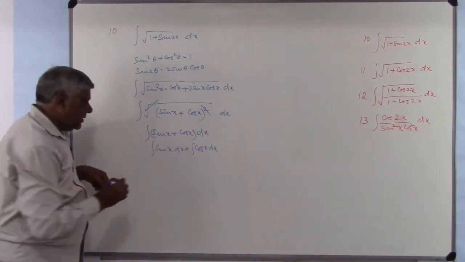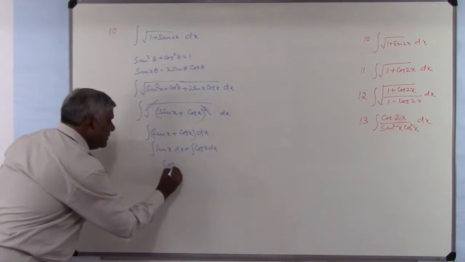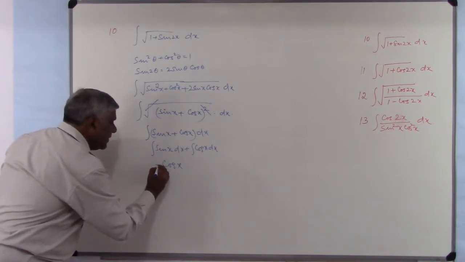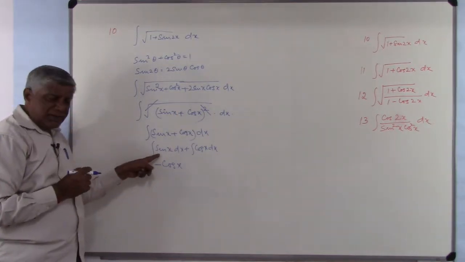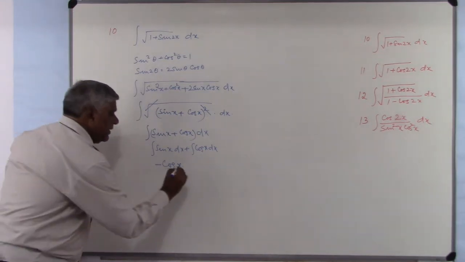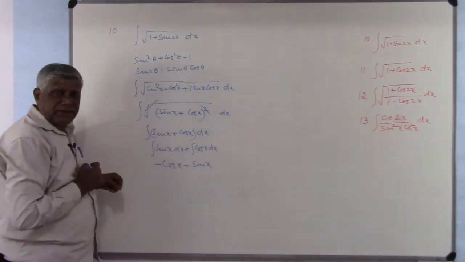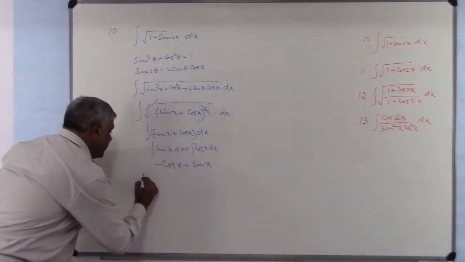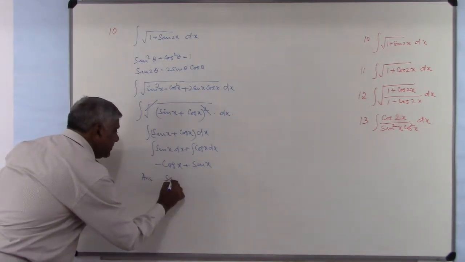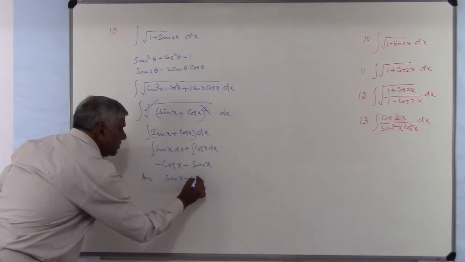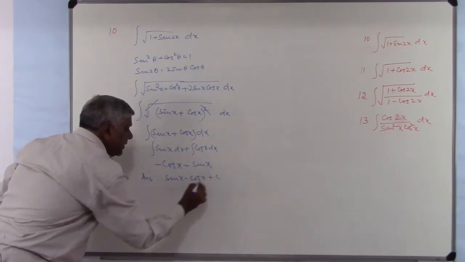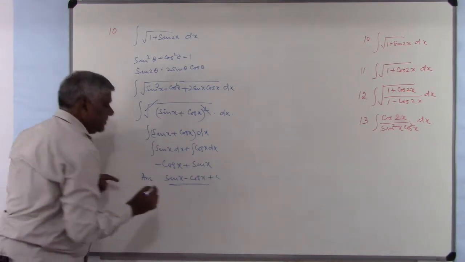Integration of sin x is minus cos x plus integration of cos x is sin x. So the answer is sin x minus cos x plus c.